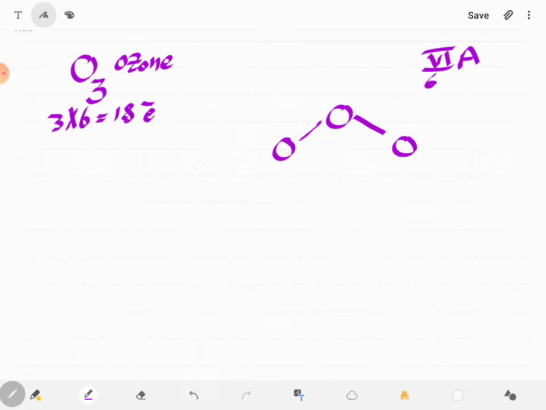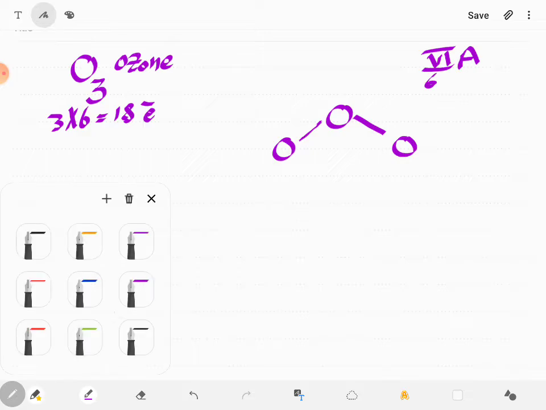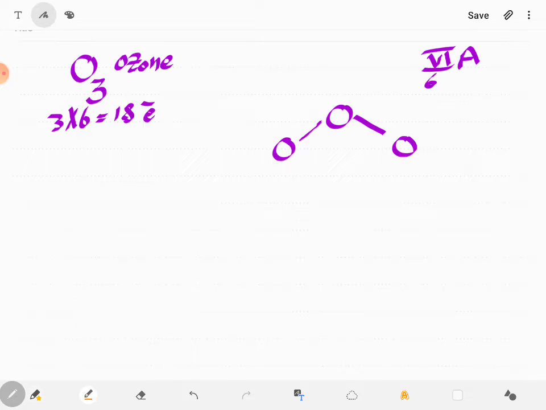Done? Right. How many electrons did I consume here? Here 2. This is called a bond pair. So 2 electrons, so I consumed 4. So 18 minus 4, 14 electrons remaining.